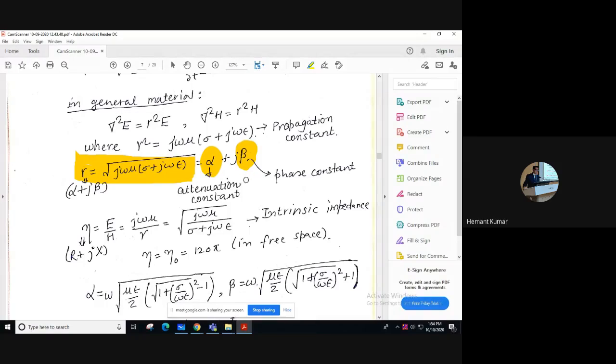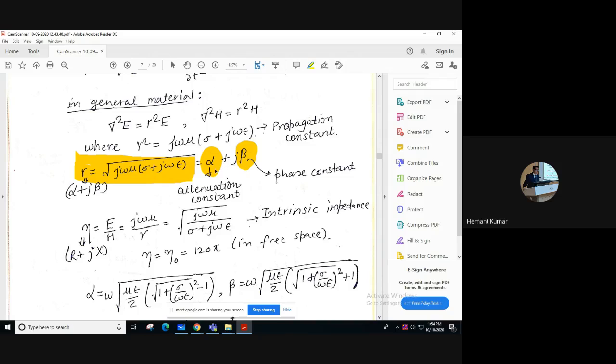The propagation of the EM wave mainly depends on beta. If there is no phase constant, there is no phase change, and in that case the electromagnetic wave will not be able to propagate. So propagation is only possible because of this beta.